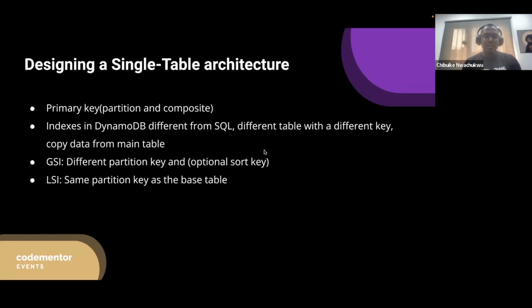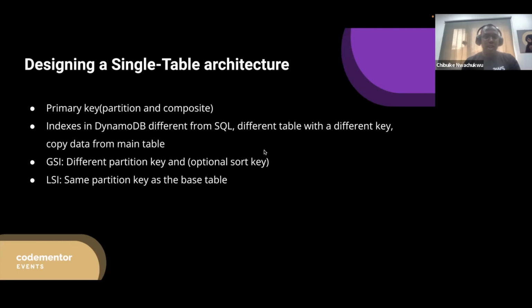We can have either a GSI, which is the global secondary index, or an LSI, which is the local secondary index. The main difference between the GSI and the LSI is that a GSI is flexible, right? It's global. It allows us to have a new table with a partition ID separate from the base table partition ID. So we can look at each attribute in our DynamoDB.